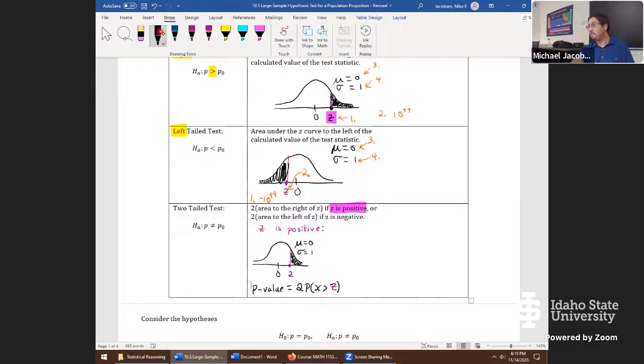So that would be the probability statement. And this one is very tricky in the calculator. Well, it's not tricky in the calculator exactly. It's okay to put in probability x bigger than z, but the trickiness of it is that 2, the fact that we're doubling this area right here, is really, really easy to miss. So that's if z is positive.